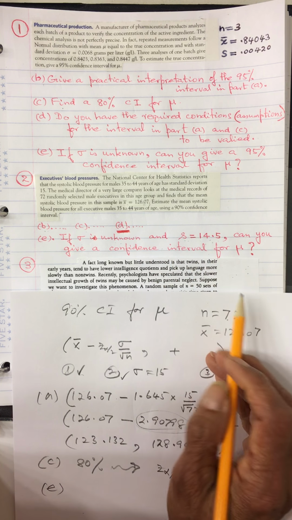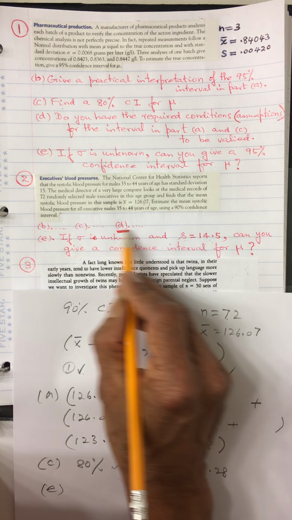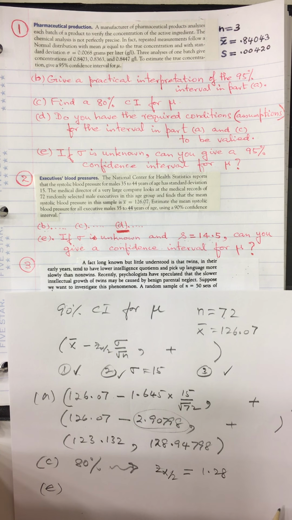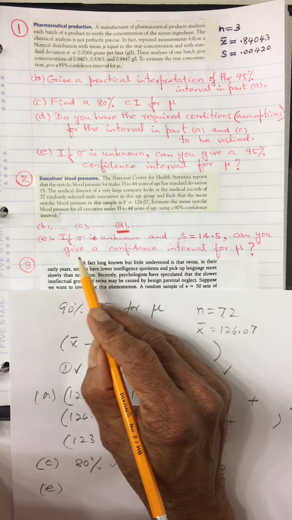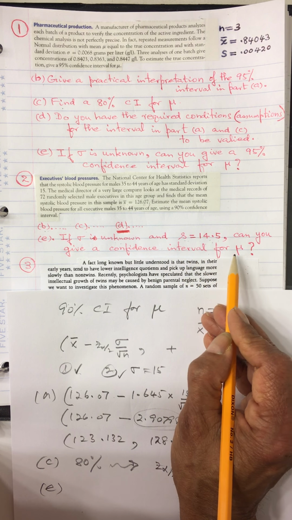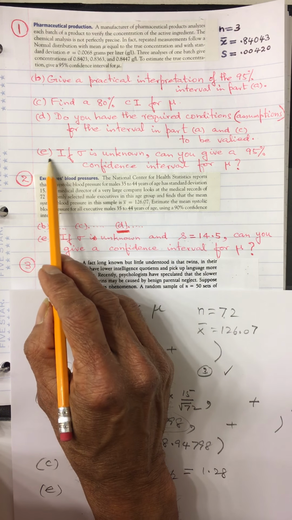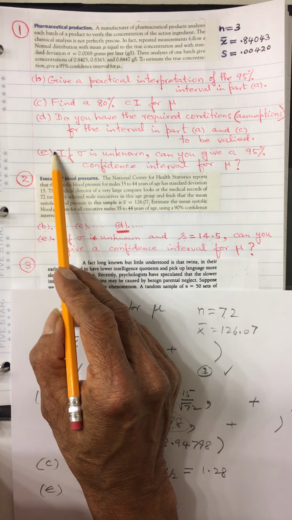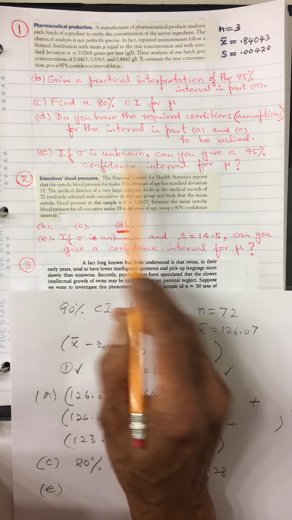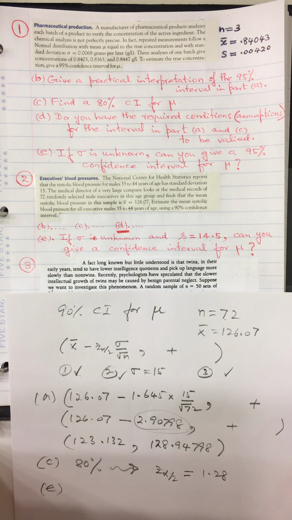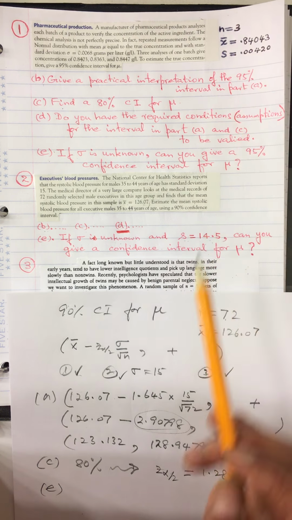Suppose that is the case. Can you give a confidence interval for mu? You remember that when we were doing part E in the previous example, I said that you cannot do it. You have to wait for the next chapter, because n was 3.